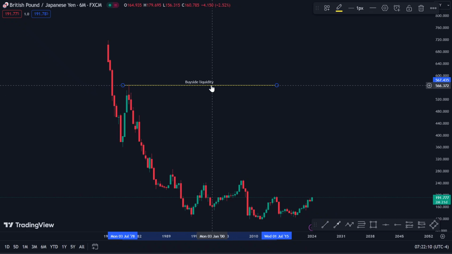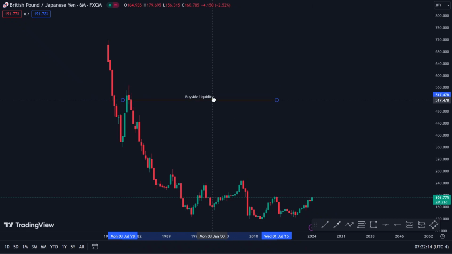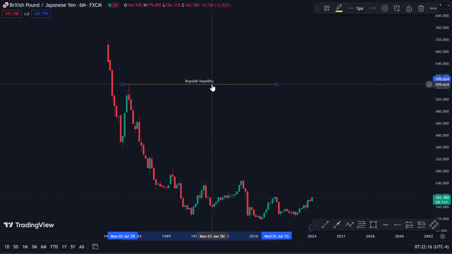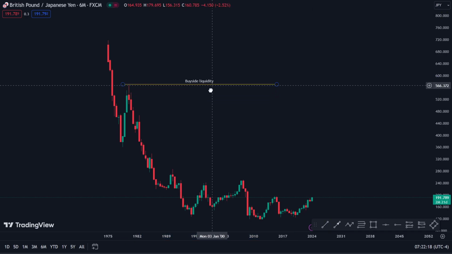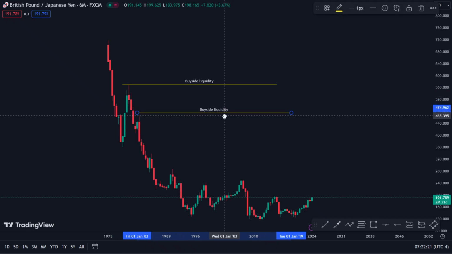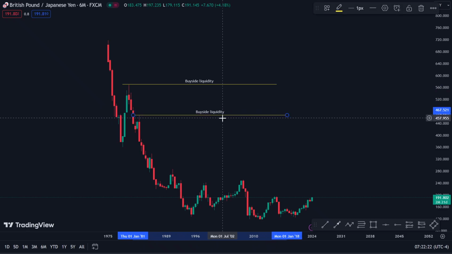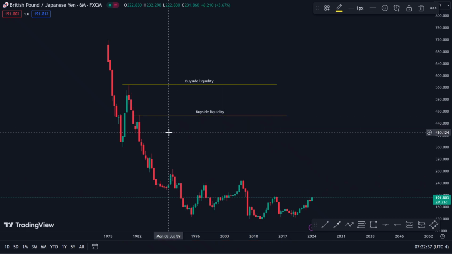And next, friends, we have another swing high over here. We have a swing high over here. Remember in the last video I tried to shed light on how to identify the swing highs and swing lows, and I believe we all understand right now. We are a bit versed with how we identify them.